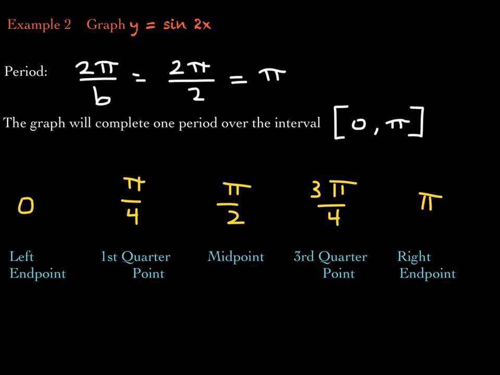So we want to be smart about what we're plugging into our function. We don't want to just plug in whatever we want, although we could because the domain is all real numbers. We want to plug in the values for x that will give us in return the maximum, the minimum, and the x-intercepts, so then we can just draw the curve through those important points.